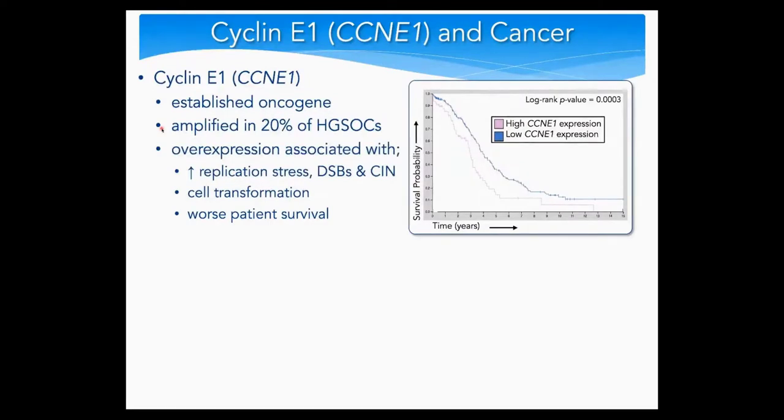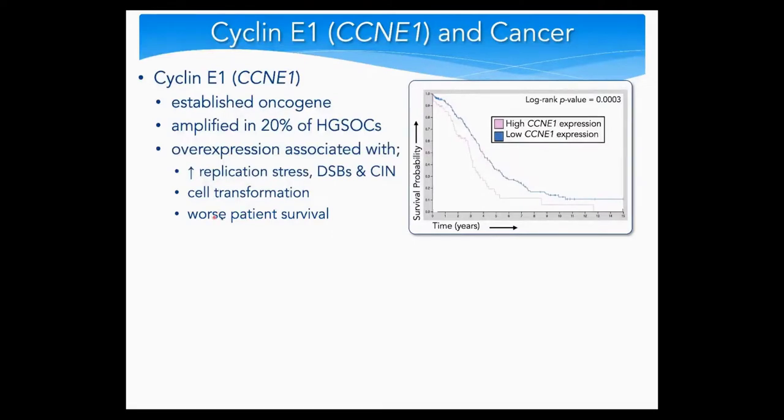Secondly, the cyclin E1 gene is genomically amplified and contributes to the development of 20% of all high-grade serous ovarian cancers. And that overexpression, either in individuals or alternately through animal modeling, is associated with increases in replication stress, DNA double-strand breaks, and CIN, and certainly drives cellular transformation.